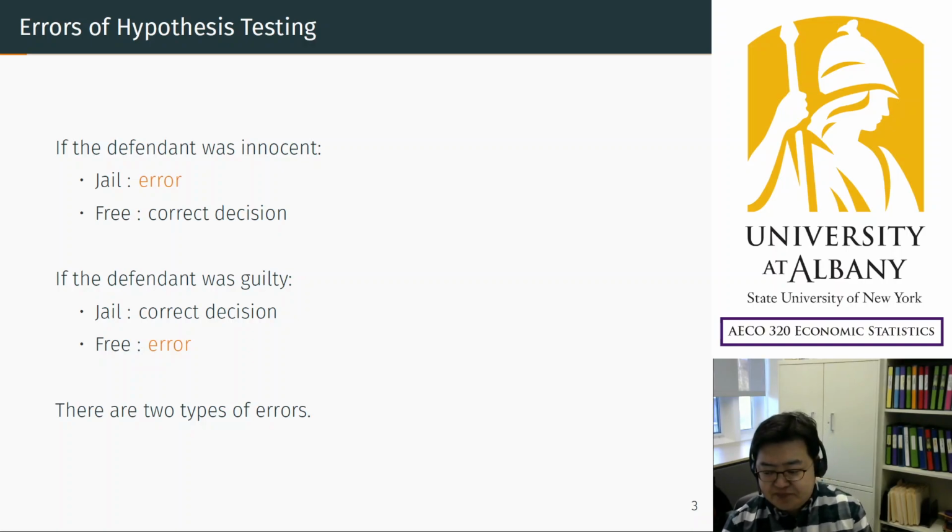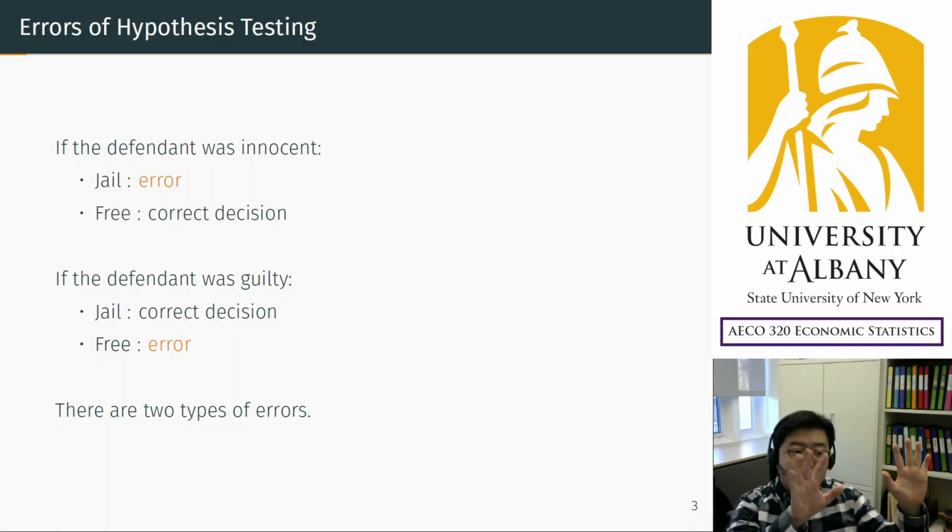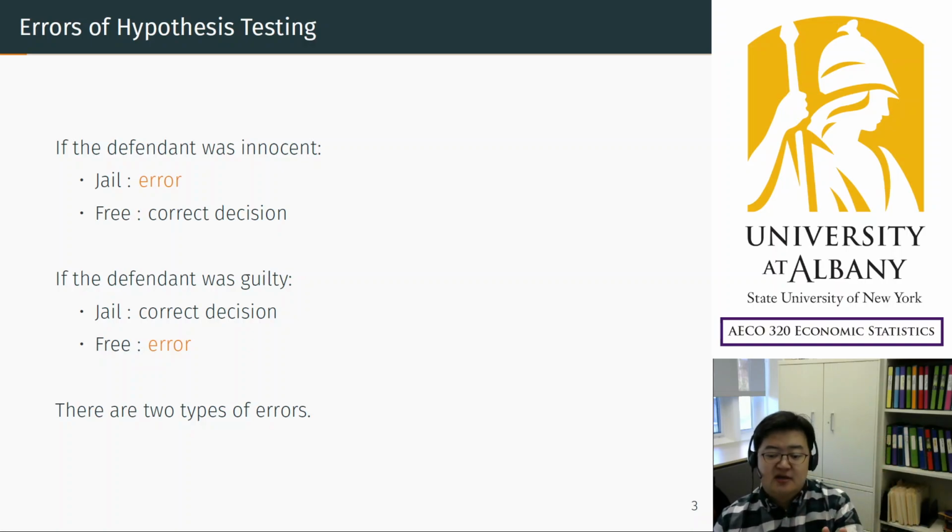So we have to think about three different things. First, the truth. Then the hypothesis, which is just a hypothesis and could be different from the truth. And third, your decision, based on the data or the observation. Your decision could be rejection of the hypothesis or not, and could also be different from the truth or not.